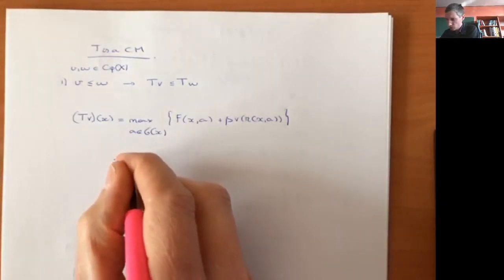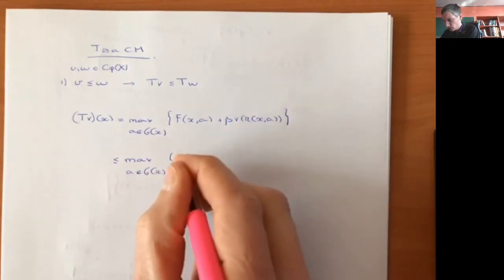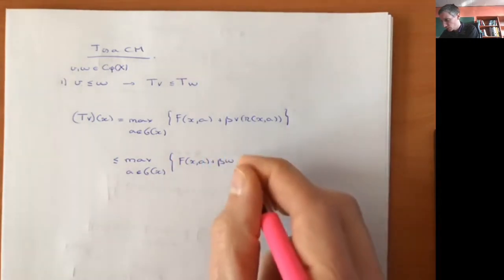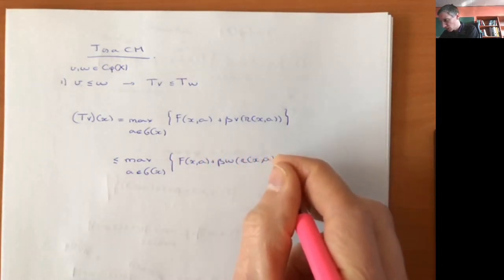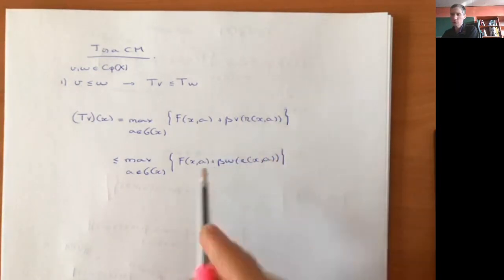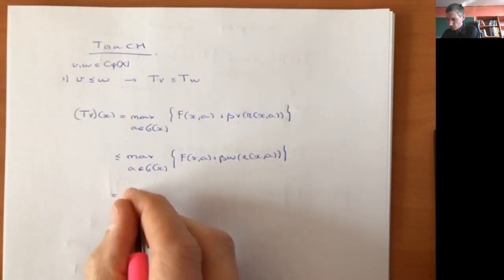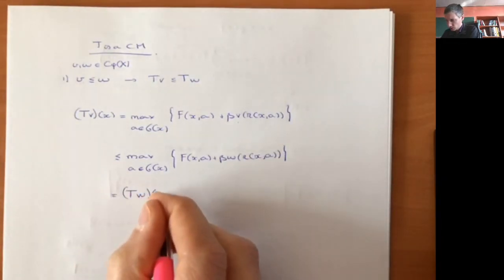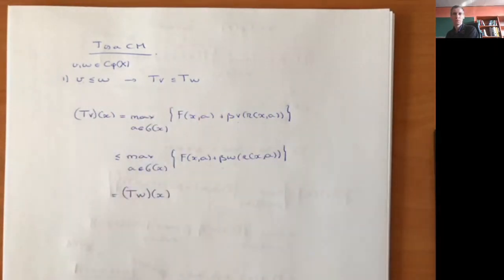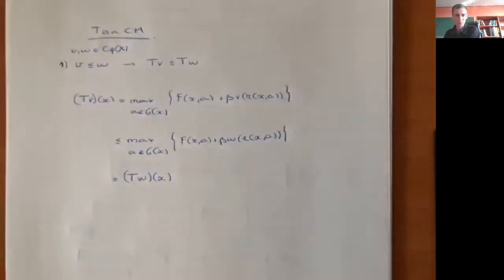So I know that this is less or equal to the maximum over a in g x of f x a plus beta w r x a. So this is element-wise less, so the maximum will also be less or equal. And then this is nothing else than, by definition, Tw of x. So you have seen that TV is indeed less or equal to T of W. So that was easy for monotonicity.